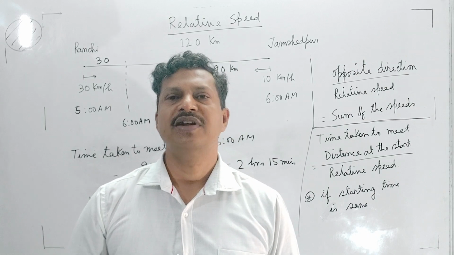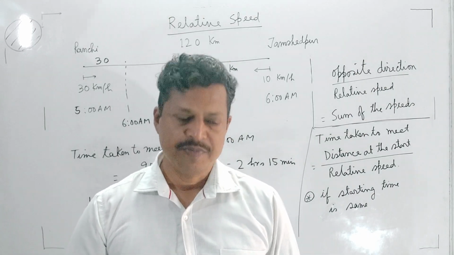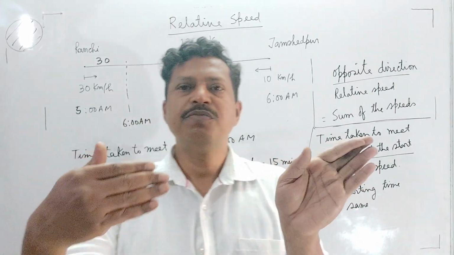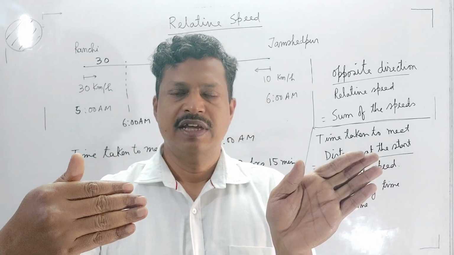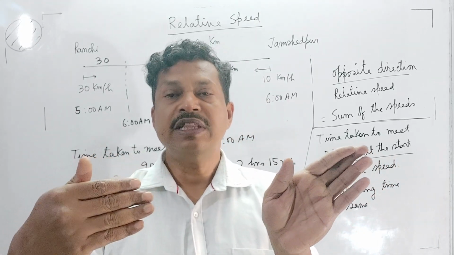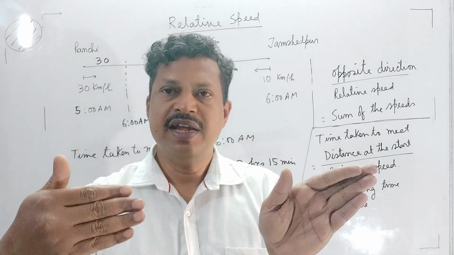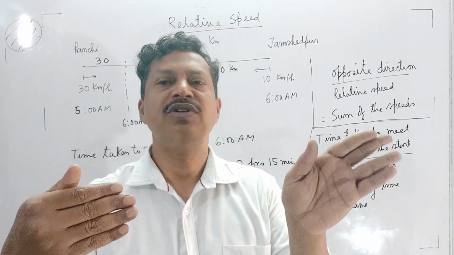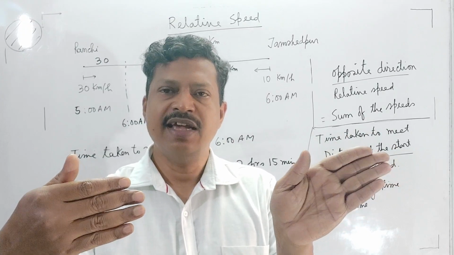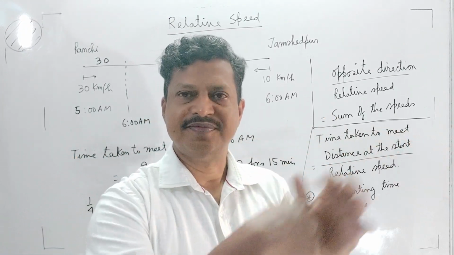Now please remember one thing in this case. You have to use a little bit of common sense. The person who is behind, if the speed of the person behind is more than the person who is ahead, then they'll definitely meet.